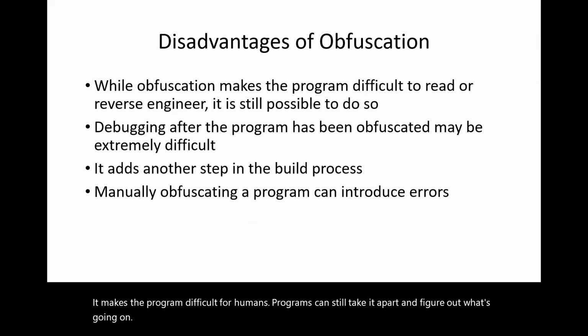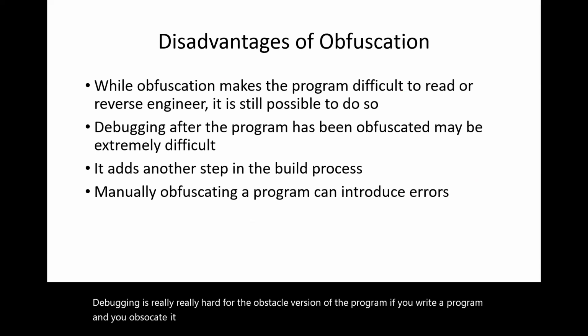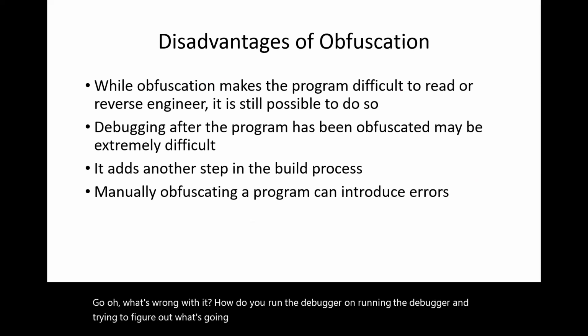Debugging is really, really hard for the obfuscated version of the program. If you write a program and you obfuscate it, and then it gets an error, you go, oh, what's wrong with it? How do you run the debugger on it, trying to figure out what's going on with a really small program?